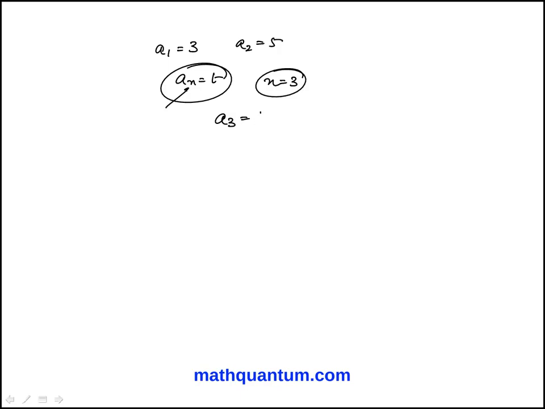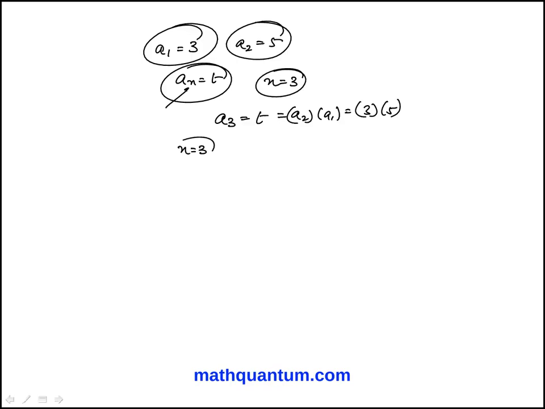So A3 is T. A3 is the product of A2 and A1, so that's going to be 3 times 5. Since I chose n to be 3, they're asking for AN plus 2 in terms of T. So n is 3, so we're looking for A5, the fifth term. The answer that matches A5 for T equal to 15 would be the correct answer.